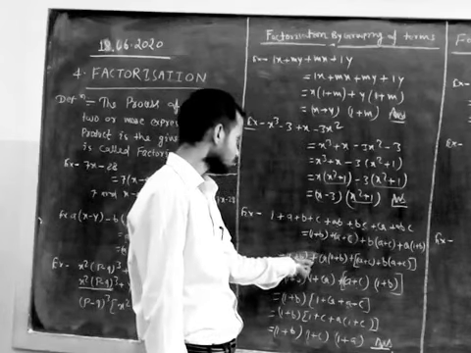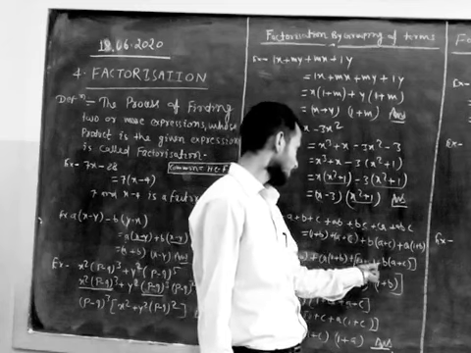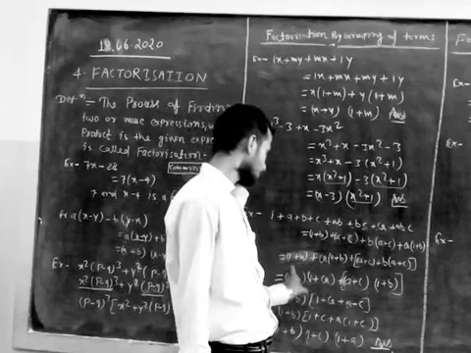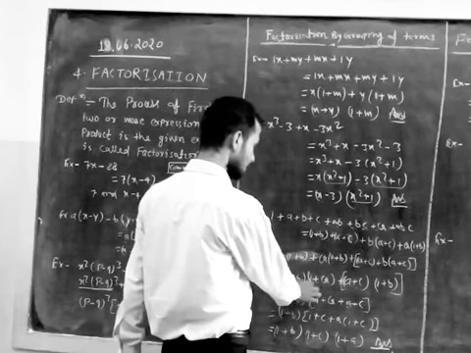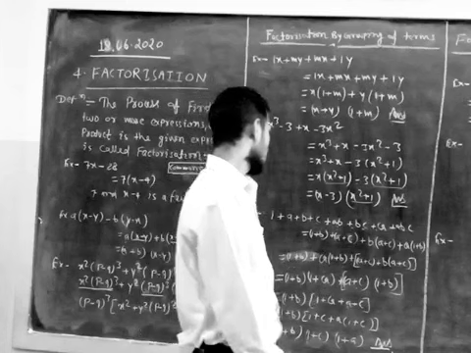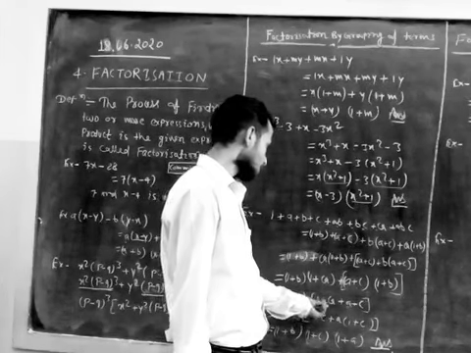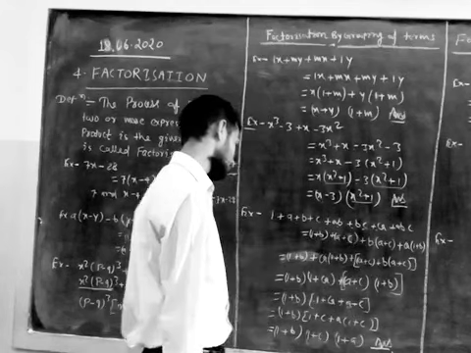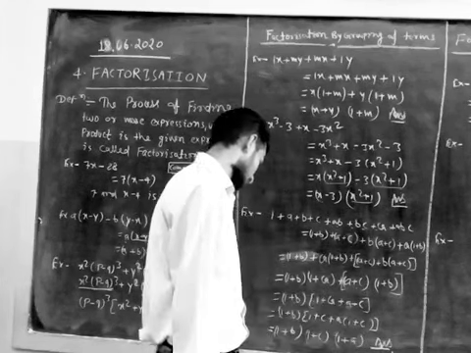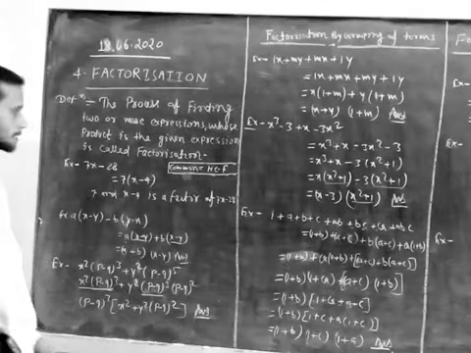Then (1 plus b) is common, and (1 plus b)(1 plus c)(1 plus a). Hence this is the result.